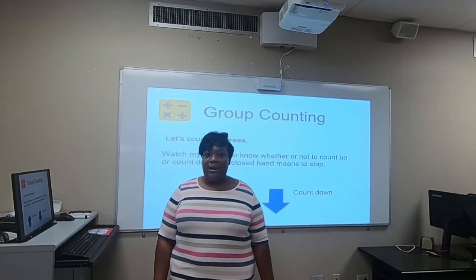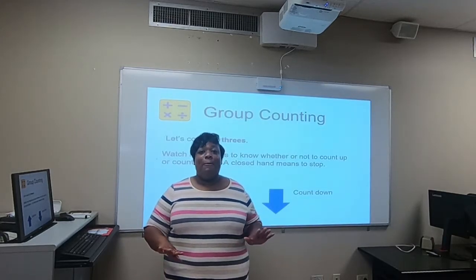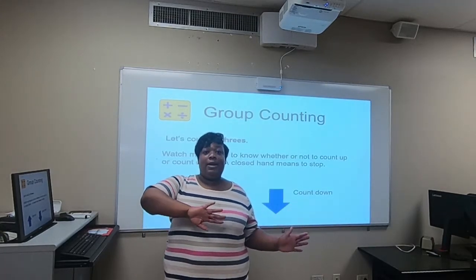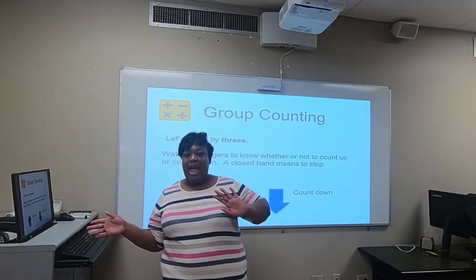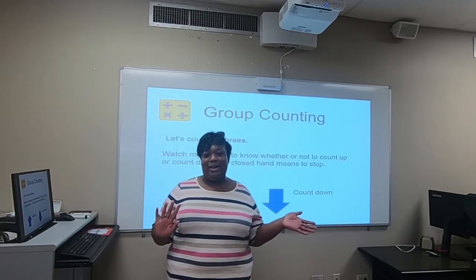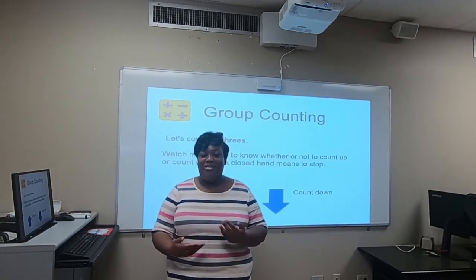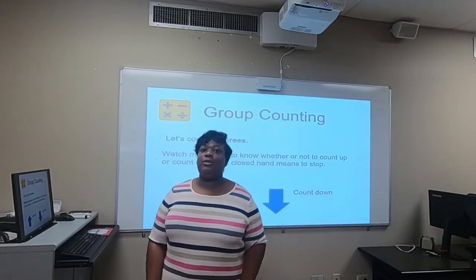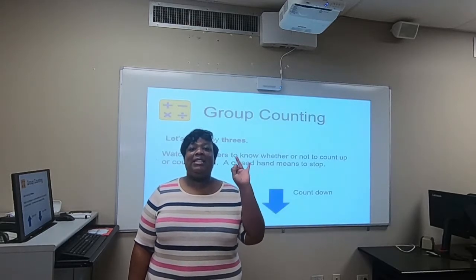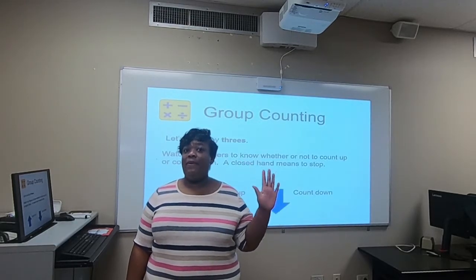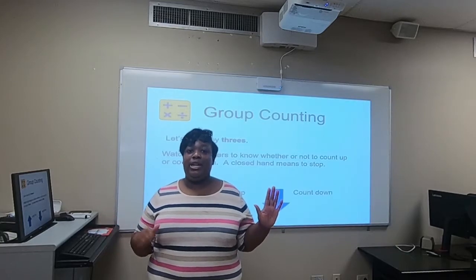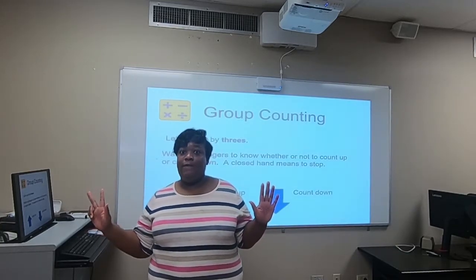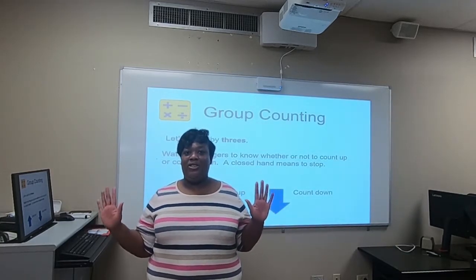Let's do some group counting by threes. Now, remember, when we're counting by threes, when we're counting up, we're adding three. And when we're counting back, we're subtracting three each time, all right? So think about that if you get a little confused on your numbers, all right? So let's do threes. 3, 6, 9, 12, 15, 18, 21, 24, 27, 30.